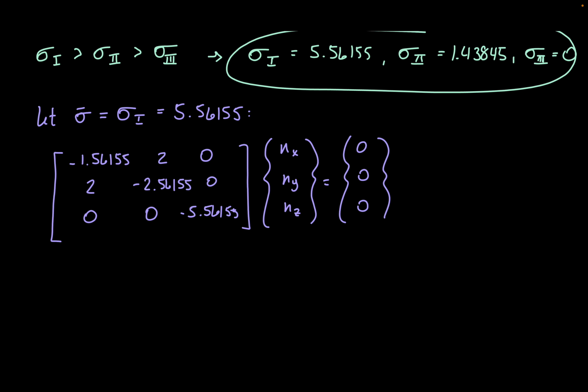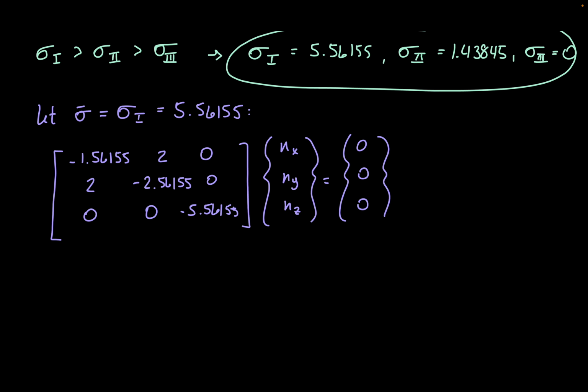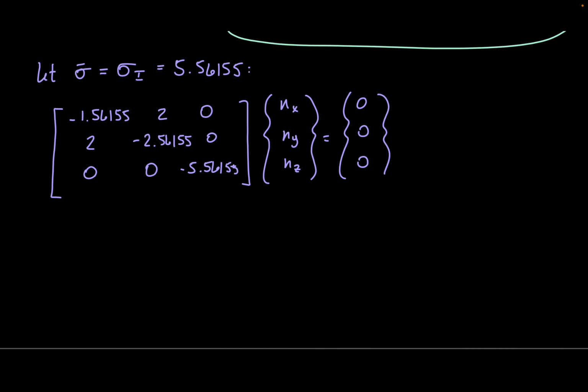Just like that. So now what we can do is essentially solve across and solve this system of equations. So for the last equation, we'll have negative 5.56155 multiplied by nz, which will be equal to 0. So off the bat, we can say that nz is going to be equal to 0, and that's all right.